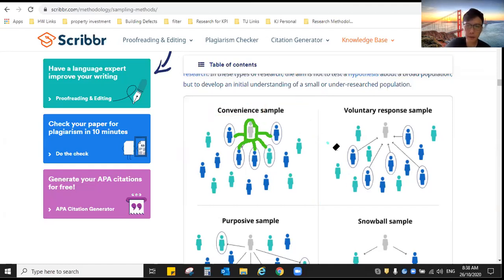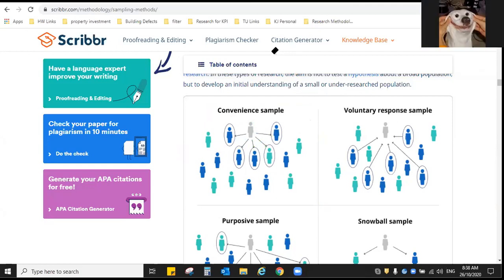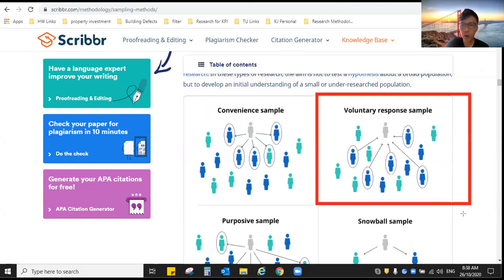The second non-probability sample is voluntary, based on whether you volunteer or not. Some people volunteer even though they are very far away.